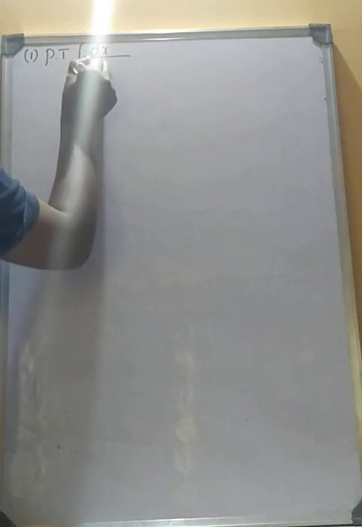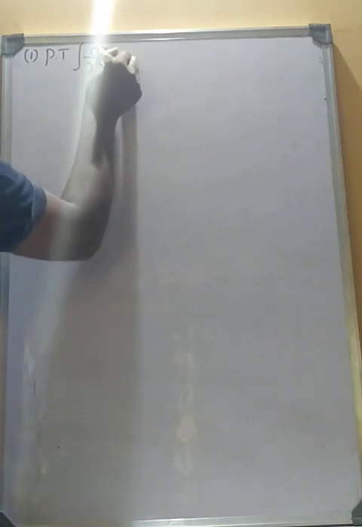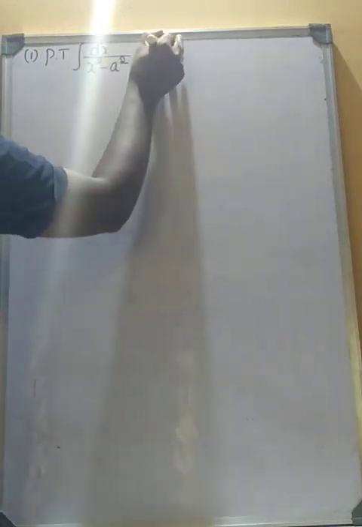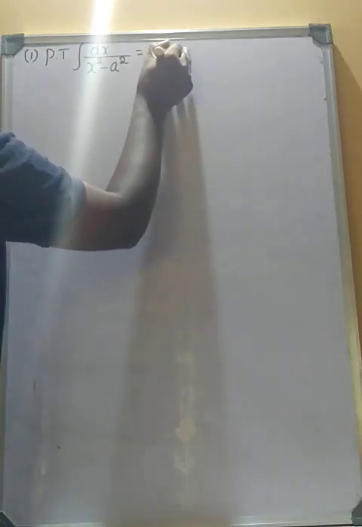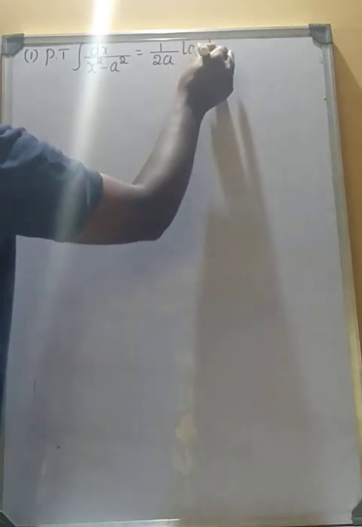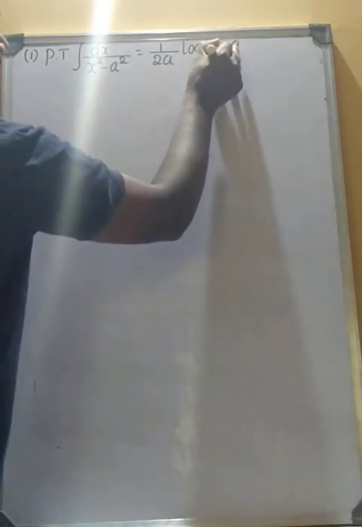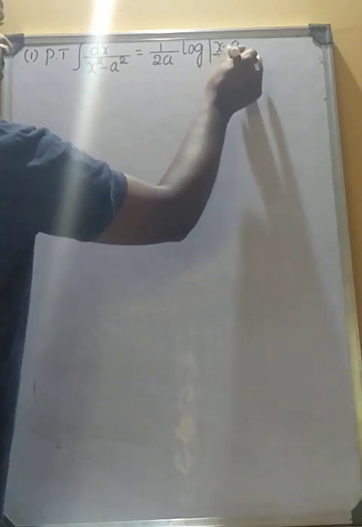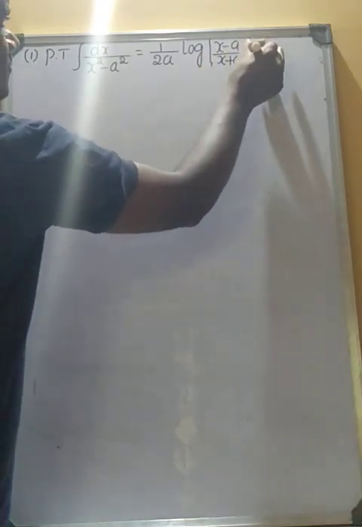So now, first one, prove that integral of dx divided by x square minus a square is equal to 1 divided by 2a into log of mod x minus a divided by x plus a plus c.